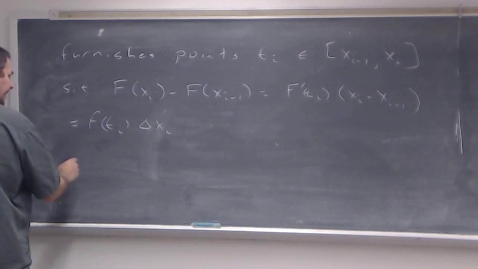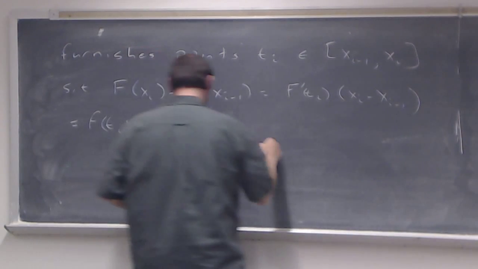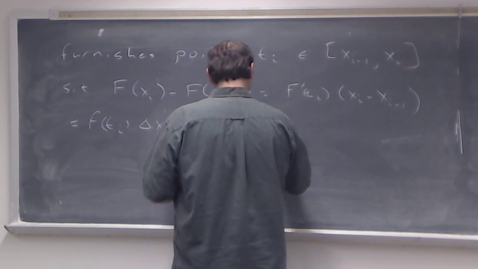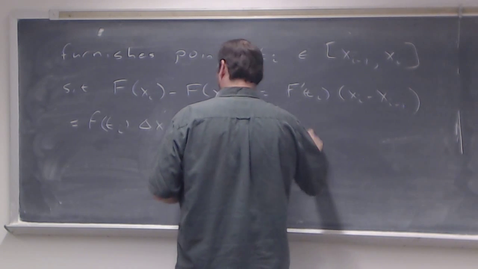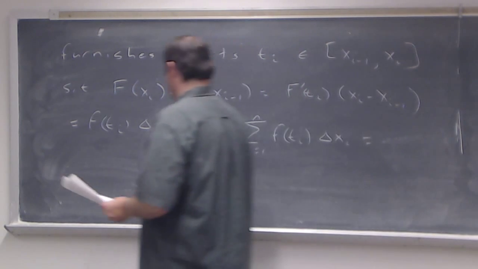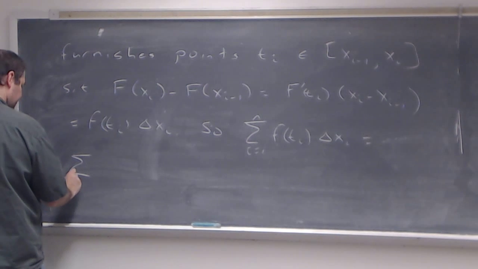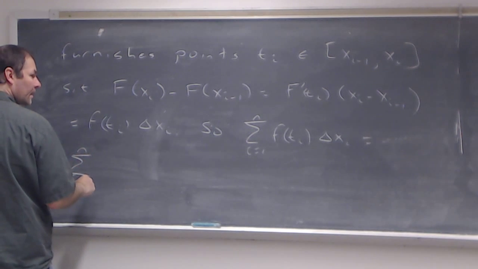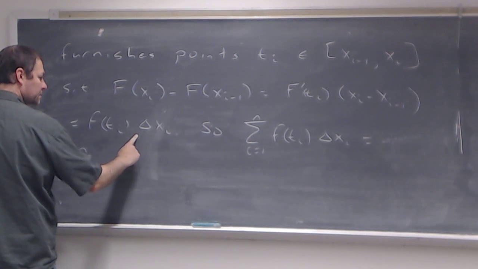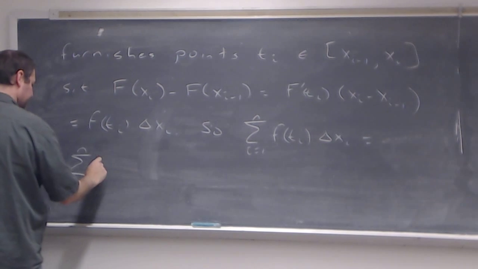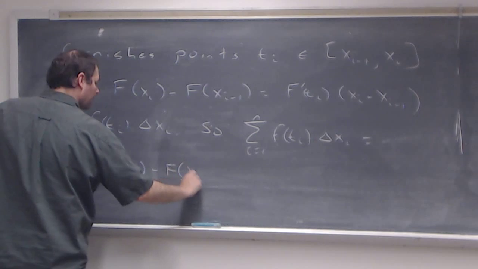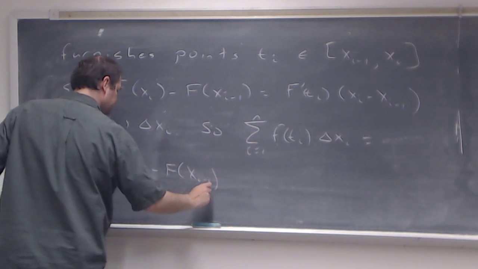Okay, so what that gives us is that the sum, as i runs from 1 to n, of little f of t sub i times delta x sub i is equal to the sum as i runs from 1 to n of big F of x sub i minus big F of x sub i minus 1.